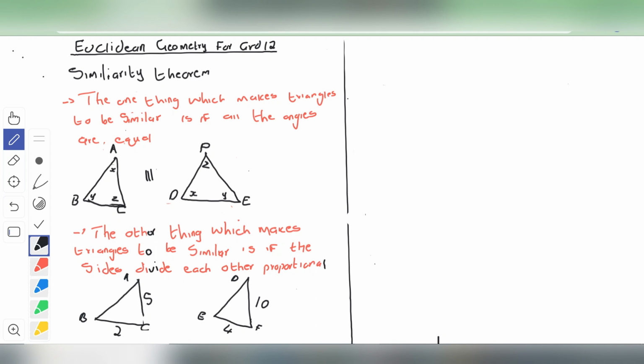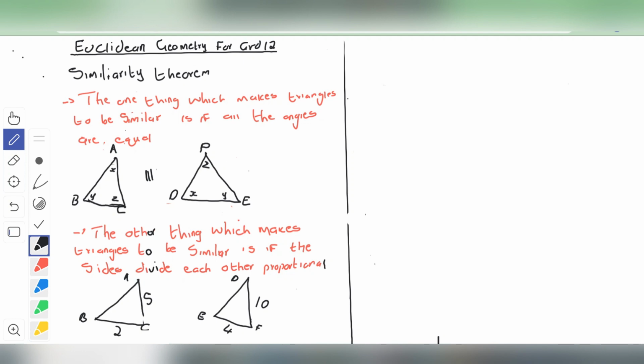Meaning the double of 2 is 4. Okay, let's go to AC. The size of it is 5, right? Let's go to the corresponding side of AC, which is DF. And the double of 5 is 10. So 5 multiplied by 2 is 10, and 2 multiplied by 2 is 4.